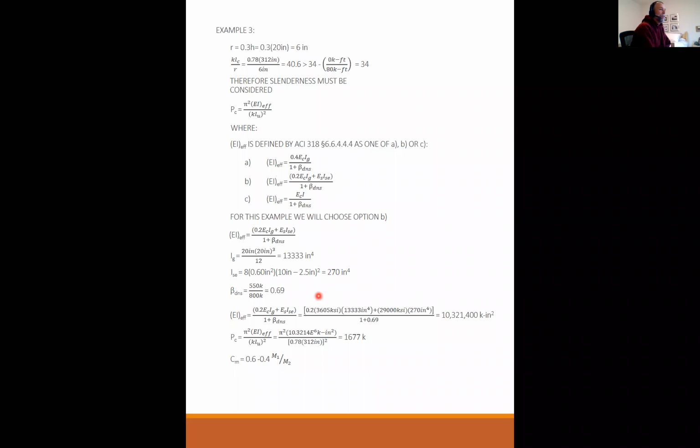So if the column is even 10, 15% not as stiff as we assumed, that would dramatically affect the Euler's buckling load. So I think that is why this delta number has this 75% on Euler's buckling load, because it's very, very dependent upon the stiffness of the concrete. And that's something that you just can't very accurately predict.